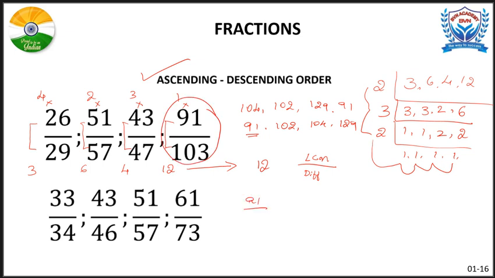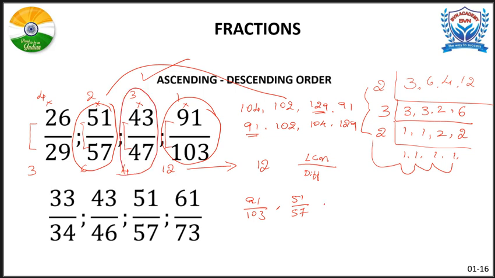So write down 91 by 103 here. And next is 102. The corresponding fraction for 102 is this, that is 51 by 57. So write down 51 by 57.